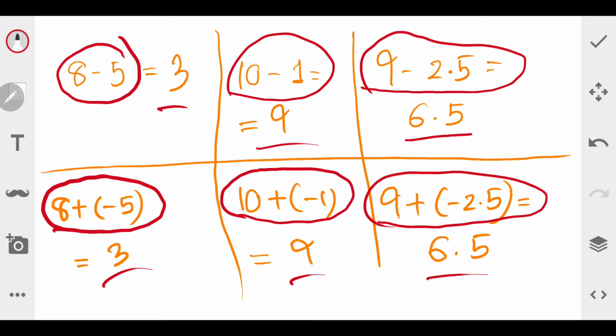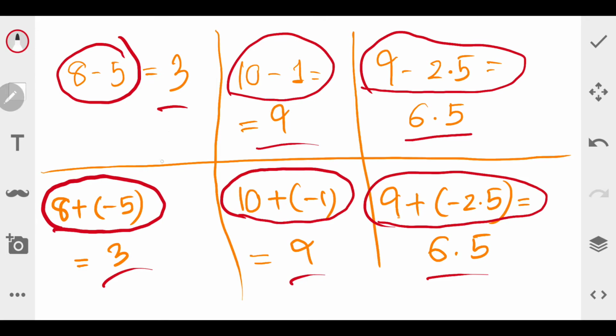Okay, so if we look at the first problem, we are subtracting 5, but if we compare it with the other one, which is 8 plus -5, here we have 8 minus 5 and here we have 8 plus -5, and both are giving us the same result.